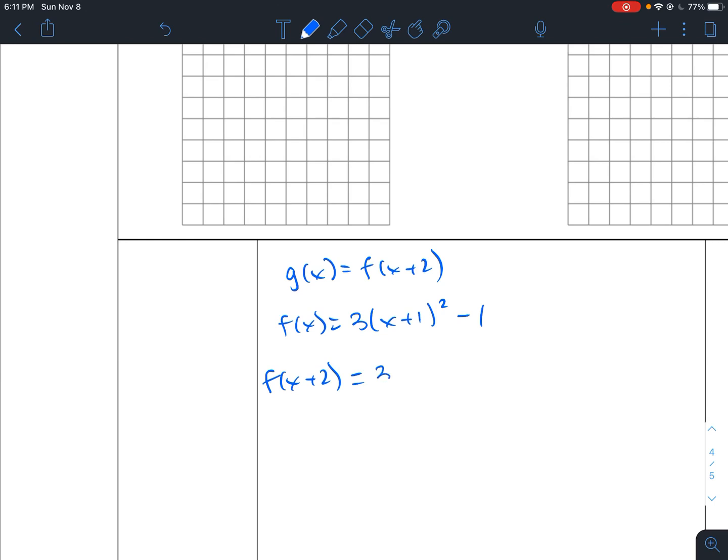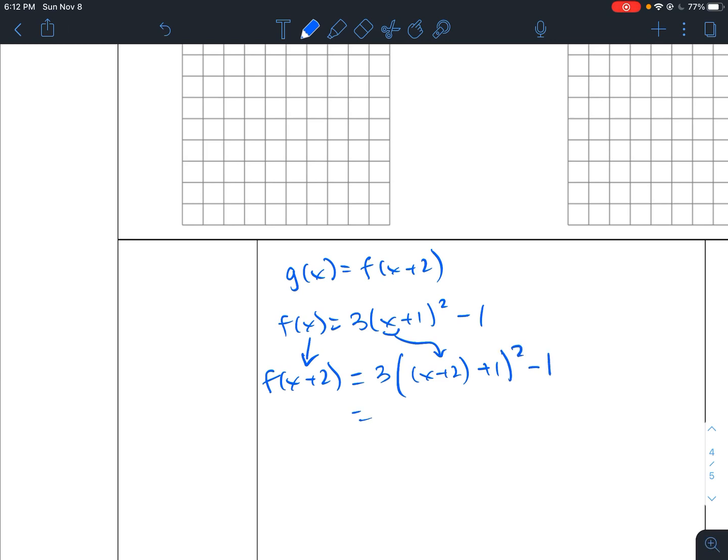So that means we'll write 3 times (x plus 2 plus 1) squared minus 1. Again, we're taking this spot right here and plugging in x plus 2, changing x to be x plus 2.